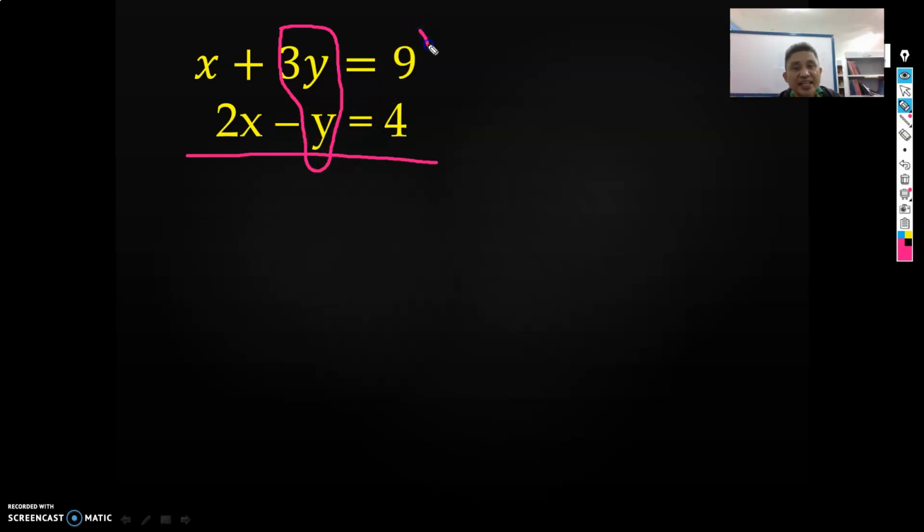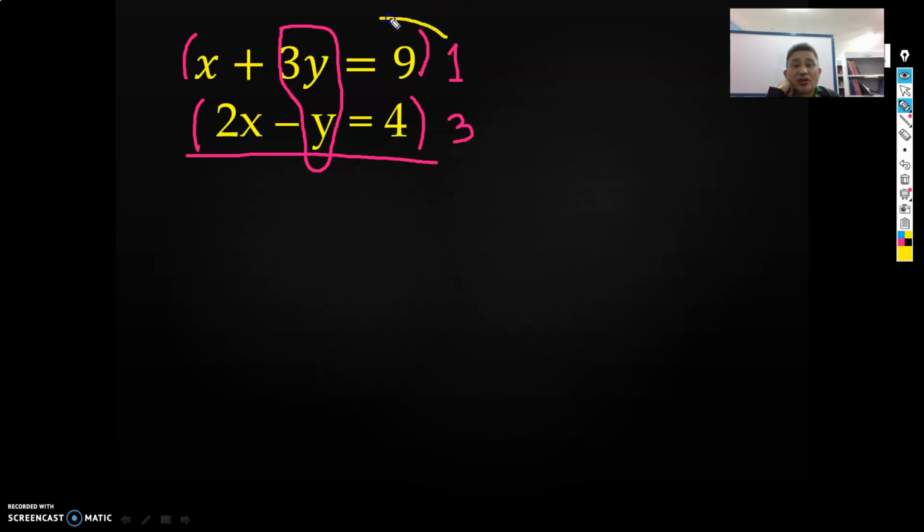So, ang gagawin natin is babaliktarin natin siya. Kung 1 ito, dito natin siya i-multiply 1. Kung ito naman ay 3, natin i-multiply. Okay, then i-distribute natin so that makakuha tayo ng bagong equation na makakapag-cancel tayo either of the variable.